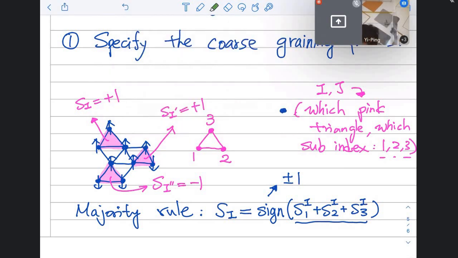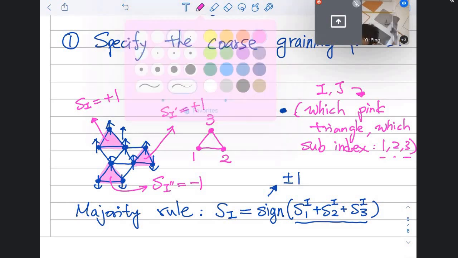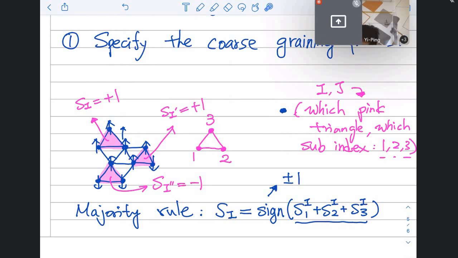If I choose my pink triangle right here, then this blue spin will belong to the pink triangle and the green triangle at the same time. But that's not what we want. We want a unique label, which means that when you construct your first pink triangle here, these three spins are used up. So when you assign your next pink triangle, you cannot touch this spin.